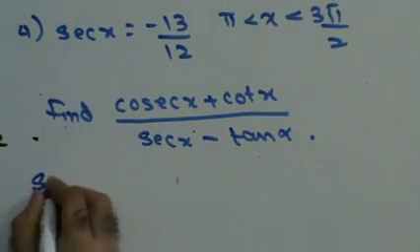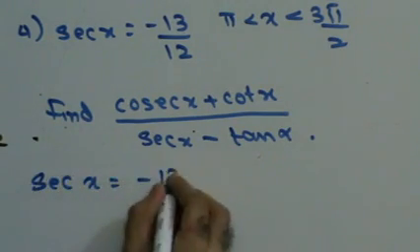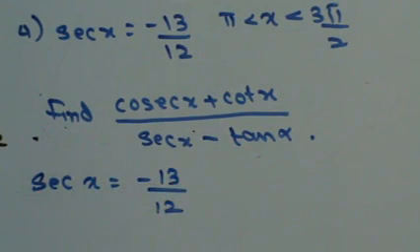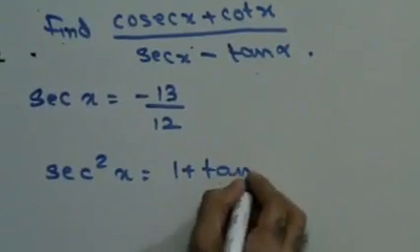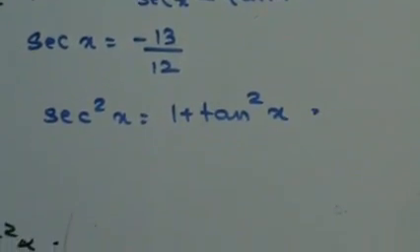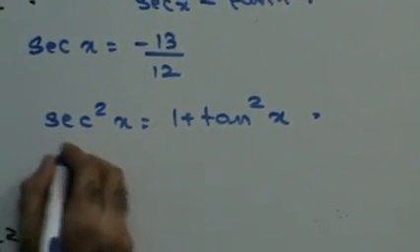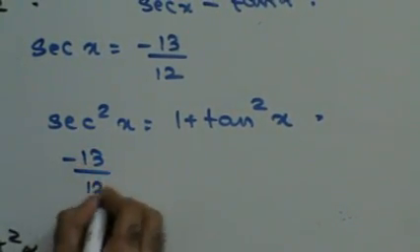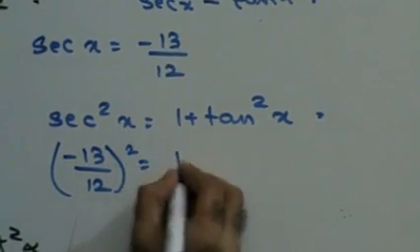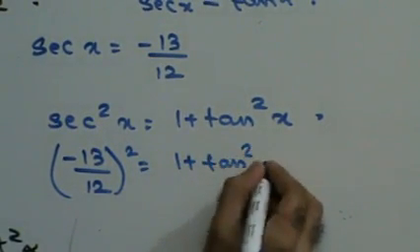They've given me that sec x is minus 13 by 12. I could use the second identity. Sec square x is nothing but 1 plus tan square x. So I can say minus 13 upon 12 the whole square is 1 plus tan square x.